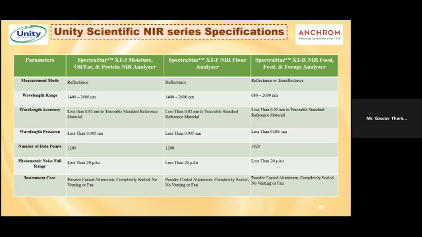This is a huge range wherein it analyzes n number of parameters from your sample. Again, all these NIRs give you results within 60 seconds max with no sample preparation, no chemicals to consume, and very little energy consumed by the instrument.